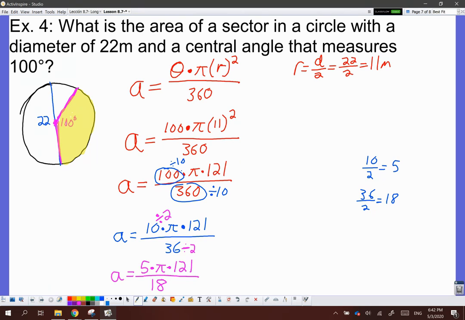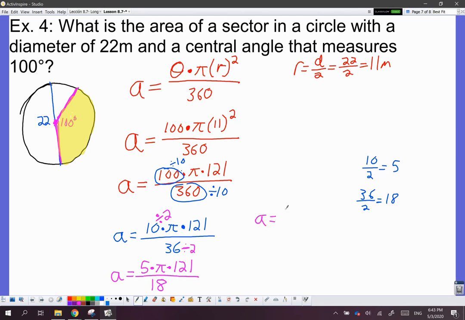And so now I'm checking to see if there's anything else that I can factor out or anything else that looks factorable. And I don't see anything, so we're good to go. So the next thing I'm going to do is multiply what I have in the numerator. And again, I'm going to ignore this pi and multiply everything around that pi. So I have 5 times 121, which gives me 605.